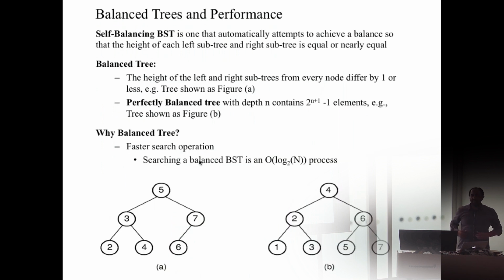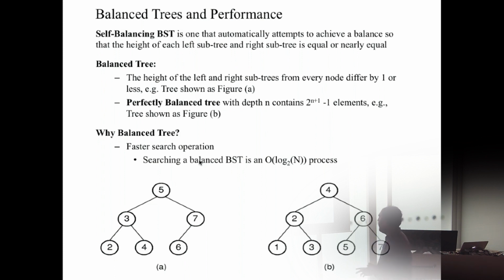So a self-balancing tree is one that automatically attempts to achieve a balance. And the definition for a balanced tree is that the difference between the height of the left and right subtree should not exceed more than 1.